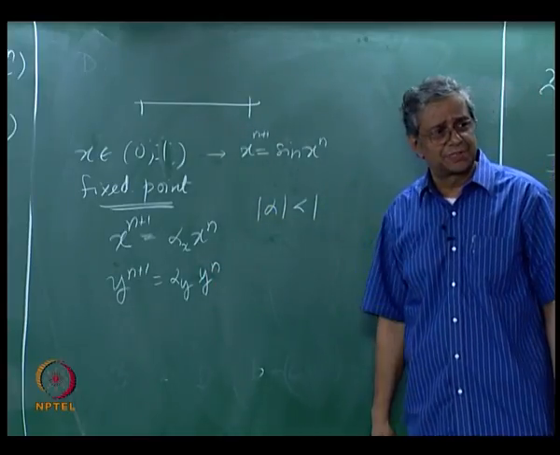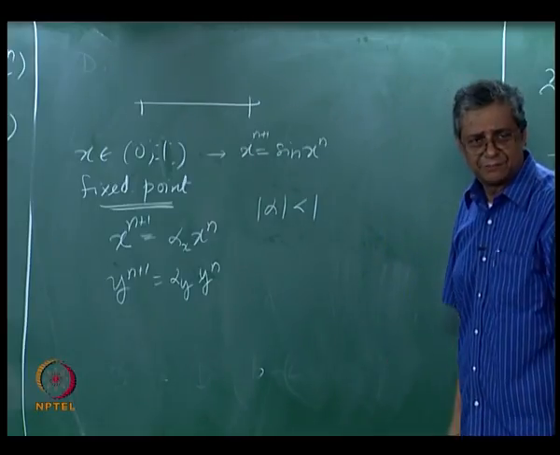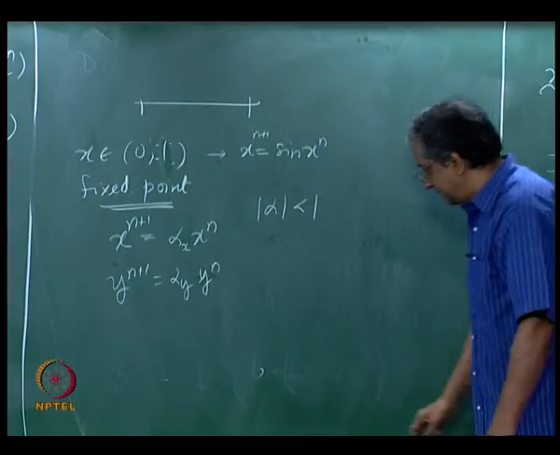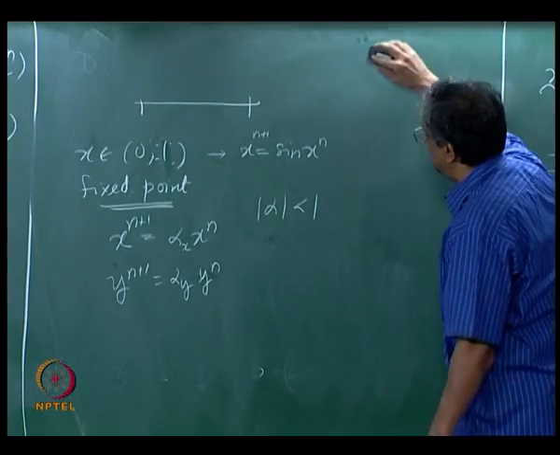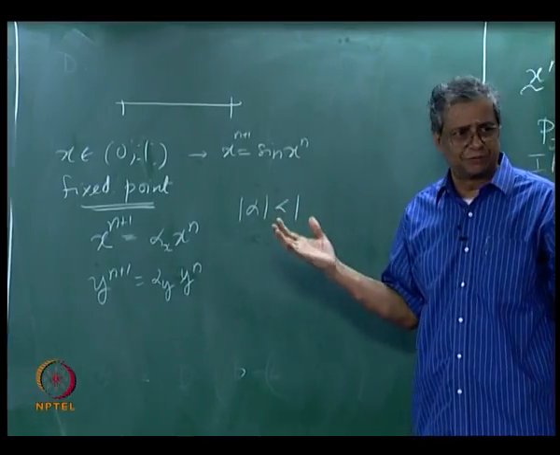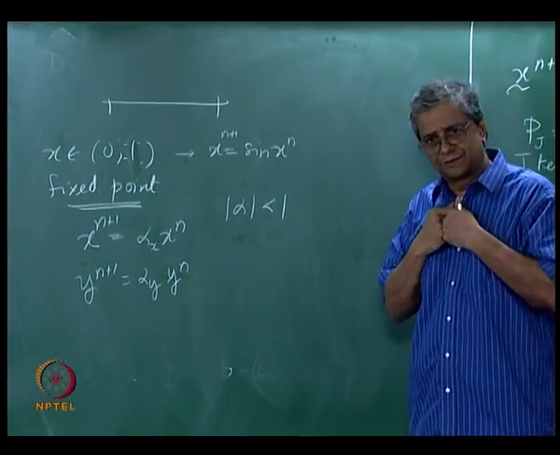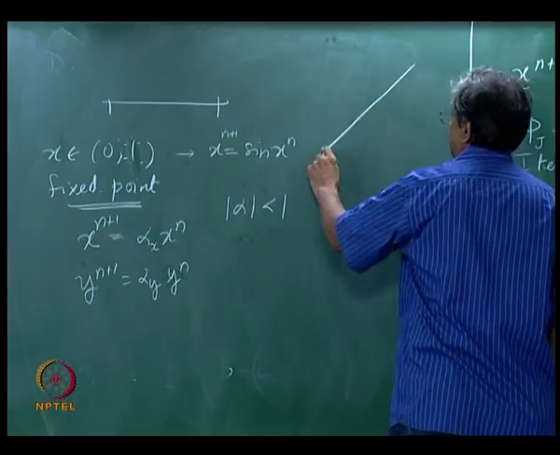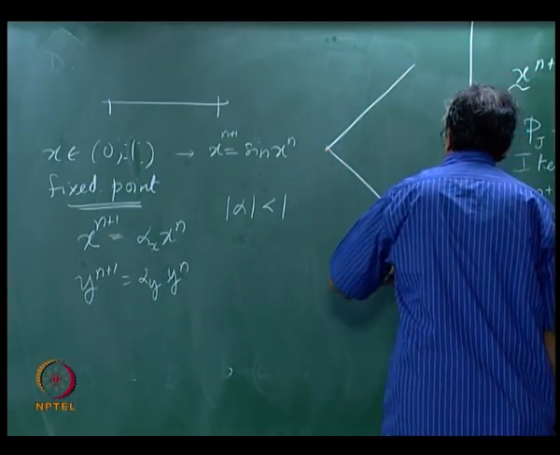You can ask me the question, where are these sequences coming from? I am not going to give you an actual problem, but let us imagine in our mind that we are solving a problem, and because of knowledge that I have, I pick a convenient coordinate system.